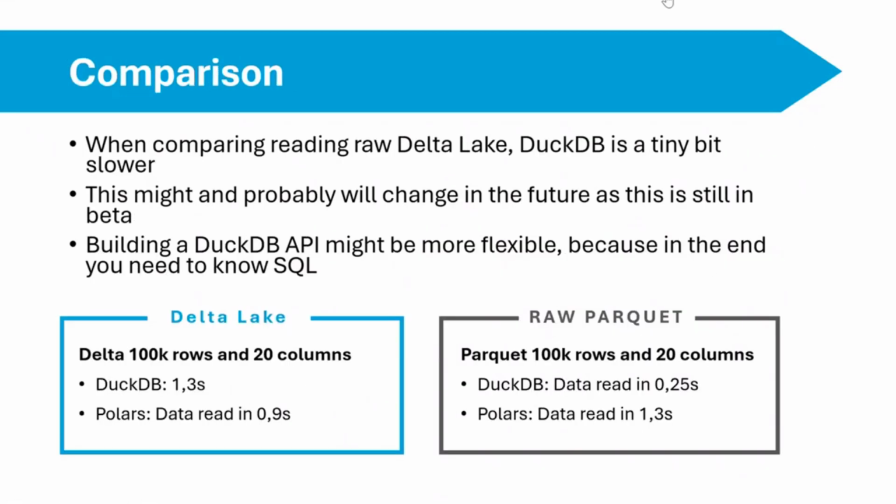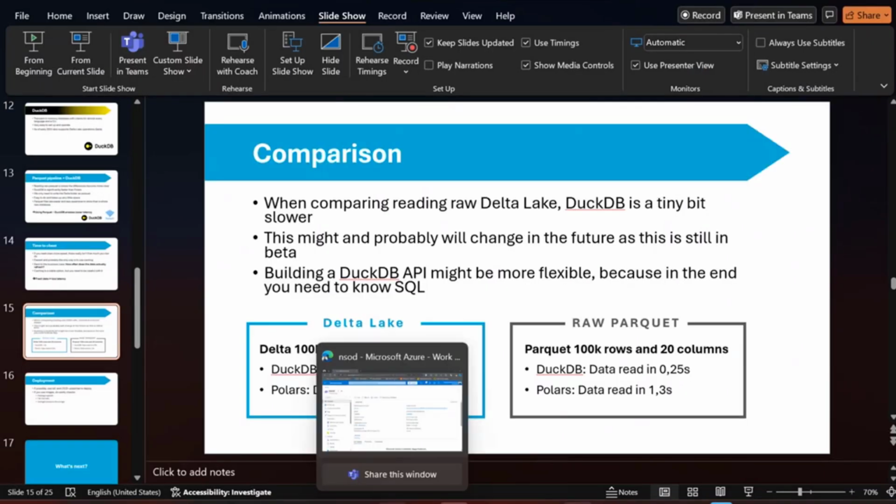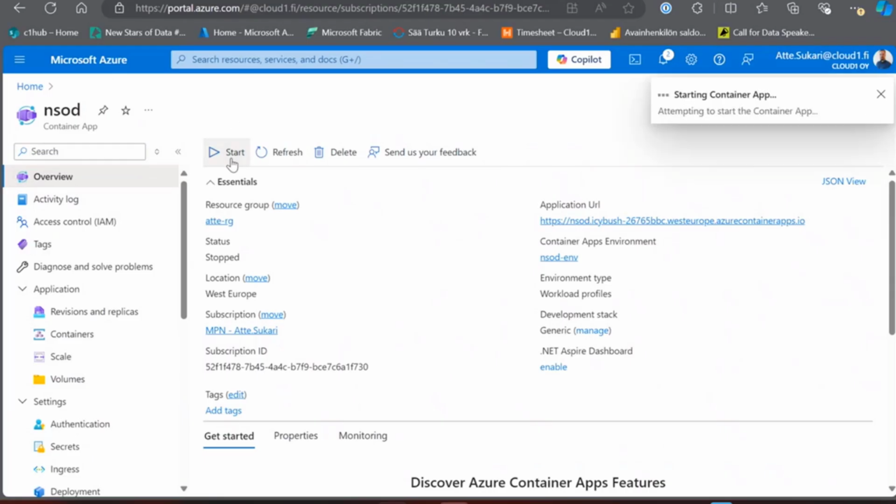But in comparison, I can show you a quick demo here. I'm going to talk a bit later about containerizing things and building an image. But what this basically is under the hood is just the DuckDB REST API built on top of Flask, and that's deployed on a container app.